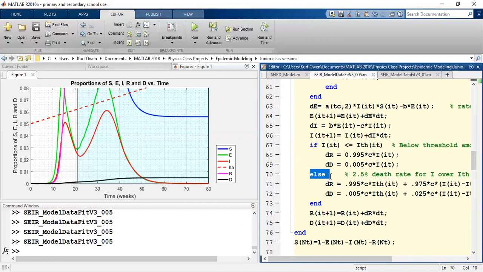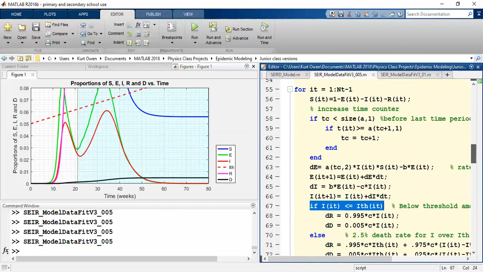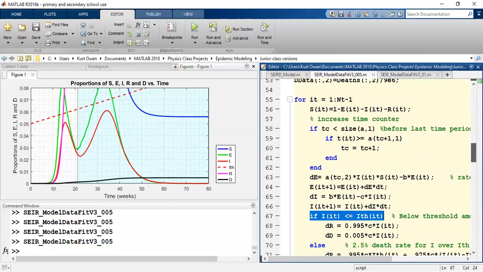Okay, so bad things happen when we crash the system, and the number of deaths will be significantly higher. Okay, so we simply have changed this. I threshold now has a value at every time, so that governs that statement. Okay, the if statement for whether we crash the system or not.